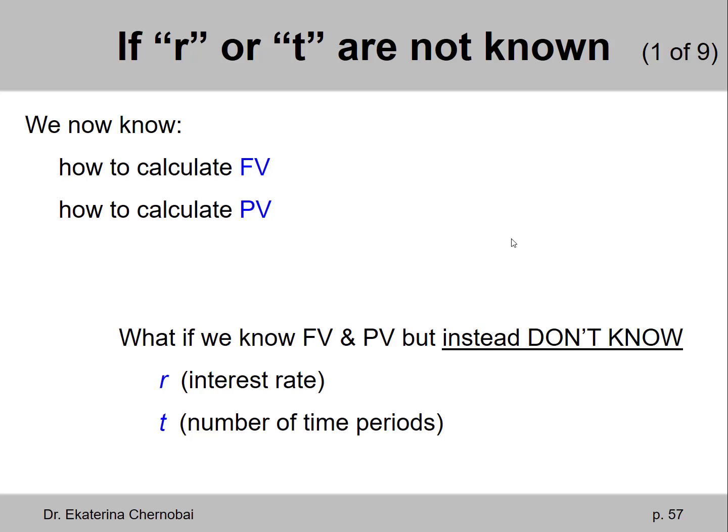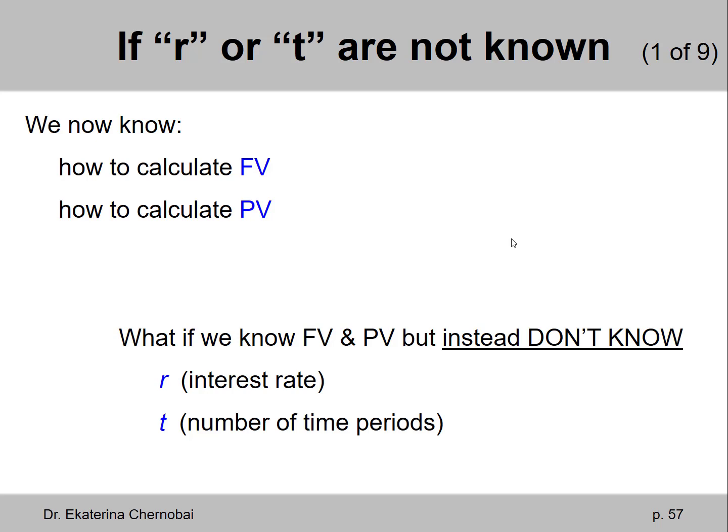Now that we are done with future values and present values, what else can we do on this topic? Well, how about we know both the present value and the future value, and we also know the interest rate.